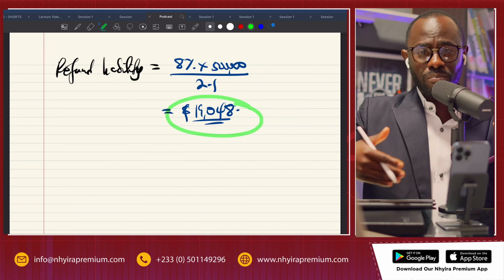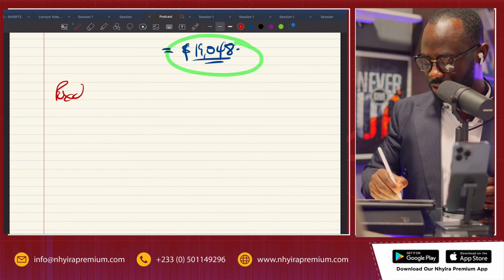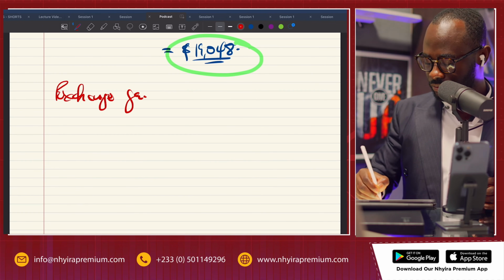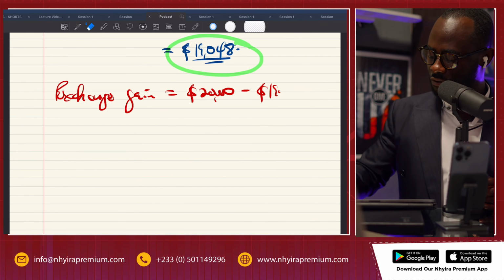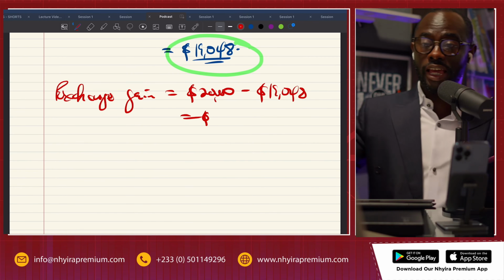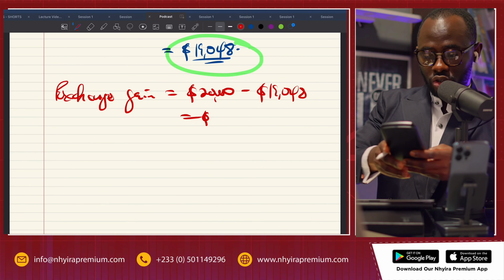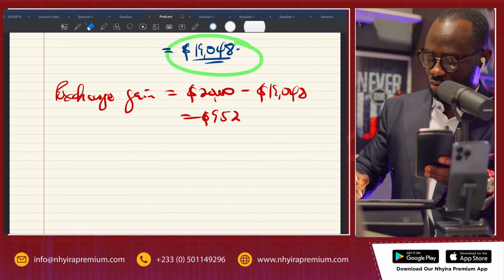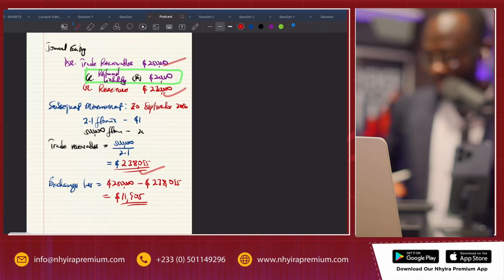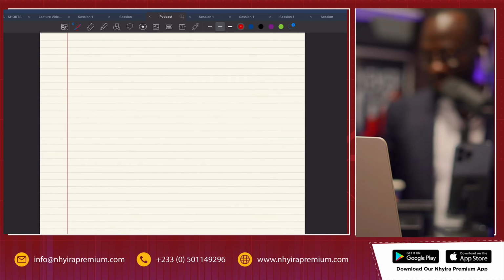So reduction in a liability is a gain, and that will give us an exchange gain recognized in the P&L account. That will be the difference between the 20,000 and 19,048, which gives us an exchange gain of 952.